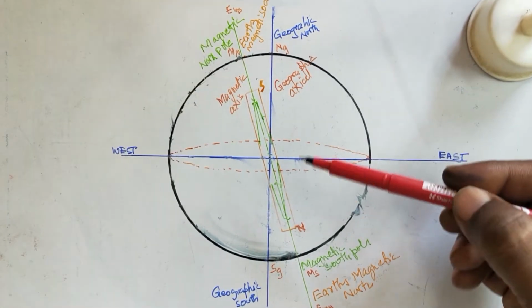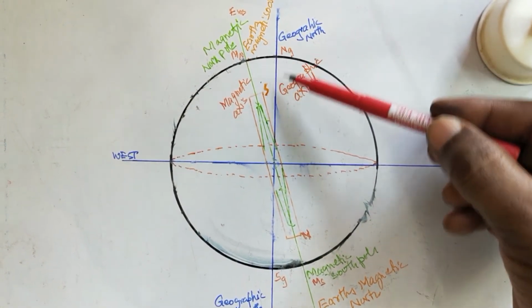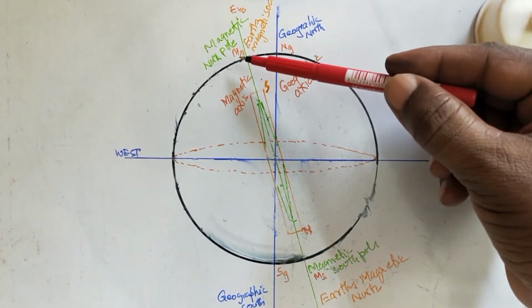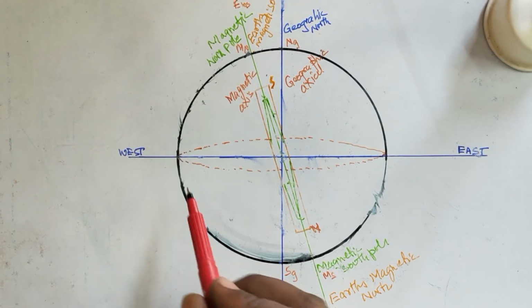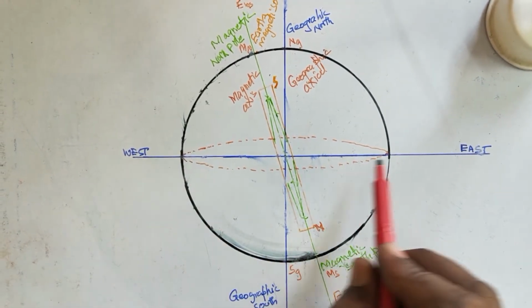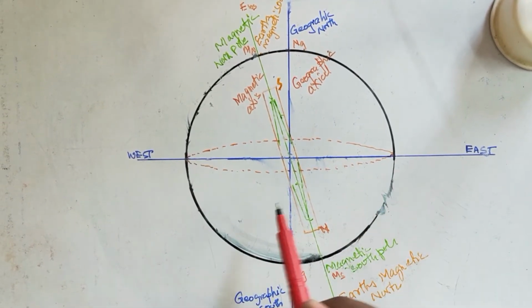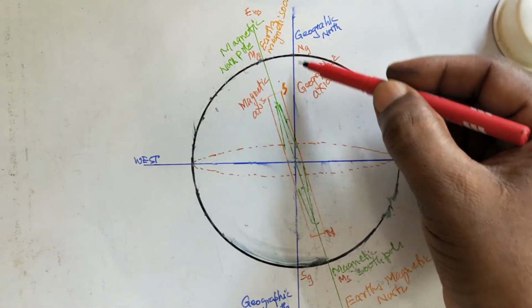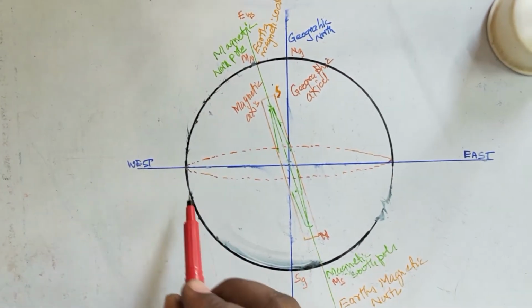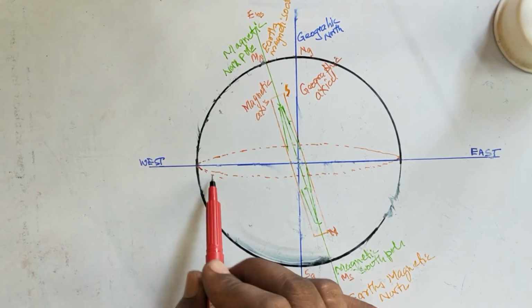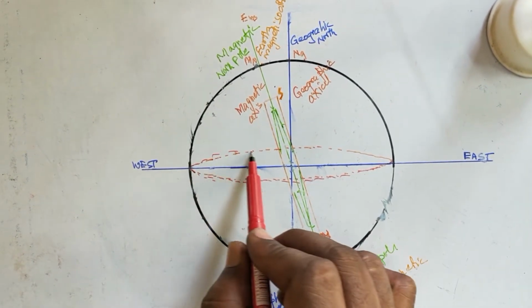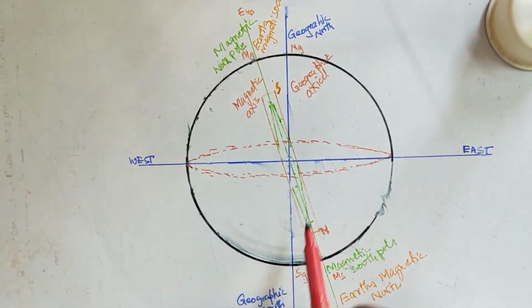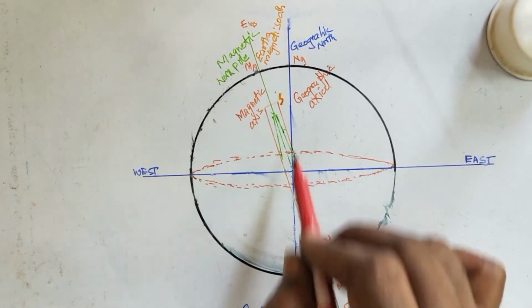Earth has two axes. One is what? The geographical axis, and the other is what? The magnetic axis. We have studied that the line that passes horizontal to the axial line is called the equatorial line. So we have a geographic equator for this earth, which is based on this geographical axis.